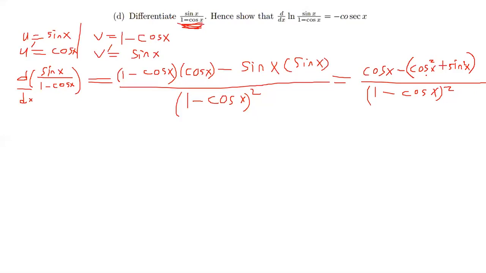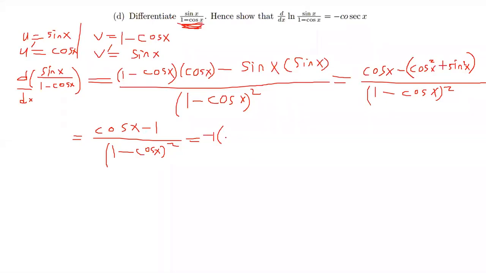So in other words, I can write this expression as cos x minus 1, and then everything divided by 1 minus cos x, and then everything squared. But I can also factor out the negative on the numerator there, so inside I'm going to have cos x negative, and then minus 1 positive.